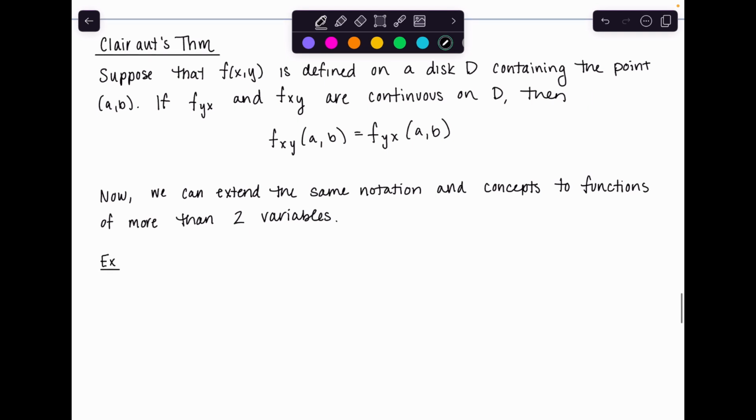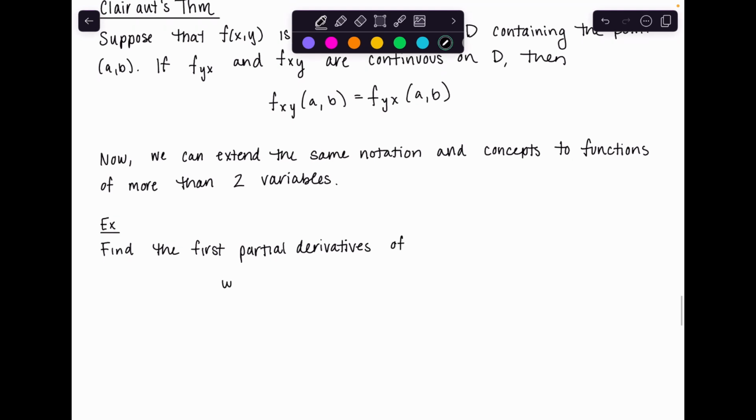As an example, let's find the first partial derivatives of the function w, which is a function of three variables, x, y, and z, which is z e to the xyz.